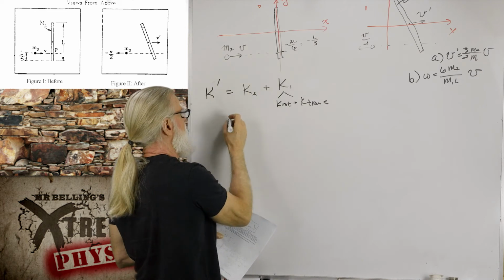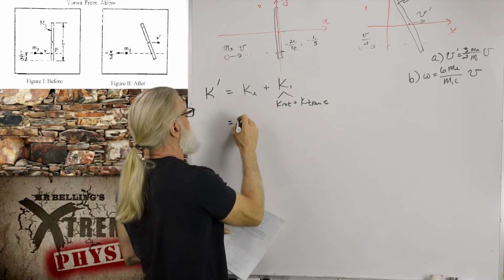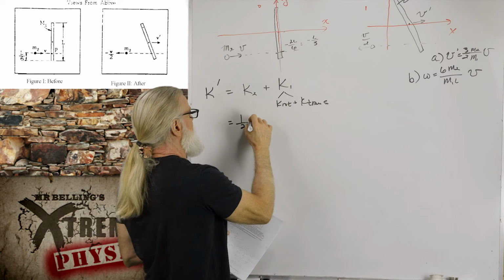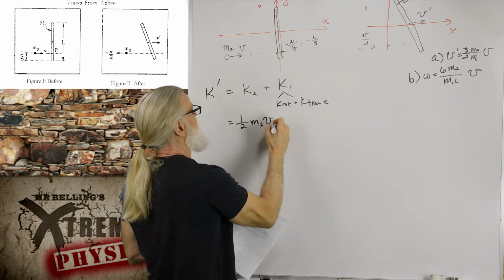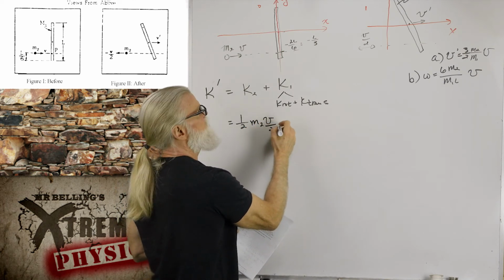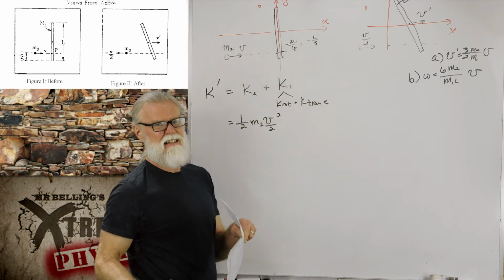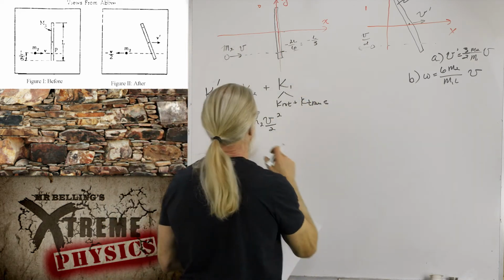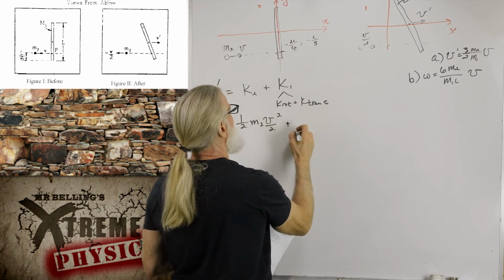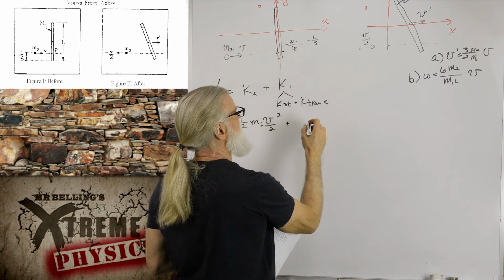This only has translation. So this is going to be 1/2 m2 (v over 2) squared. The fact that it's negative is not important because energy is a scalar. All right, plus, let's go with K rot first.